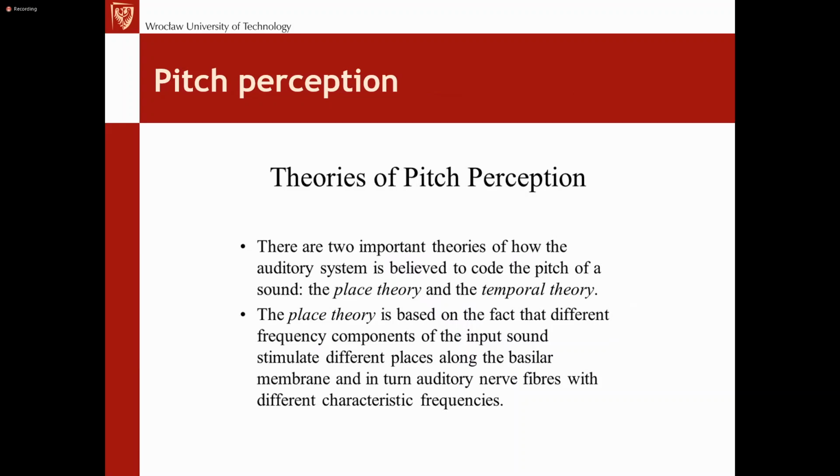First is the place theory, and the second one is the so-called temporal theory. The place theory is connected to the basilar membrane displacement for a particular frequency and is based on the fact that different frequency components of the sound stimulate different places along the basilar membrane, and in turn auditory nerve fibers with different characteristic frequencies.